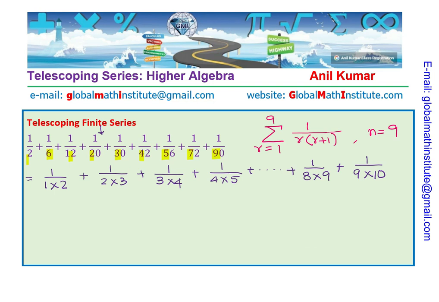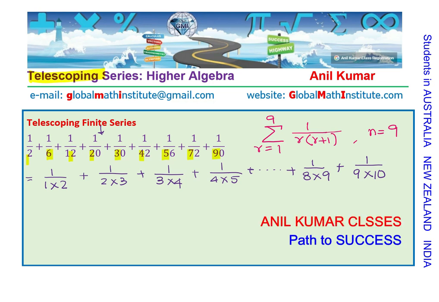Perfect. Now, the second step here is to rewrite these terms so that some of them can cancel, and that is the concept for telescoping. We know that the denominators are increasing by 1, correct? So how could I write this 1? Can I write it as 2 minus 1? We could.